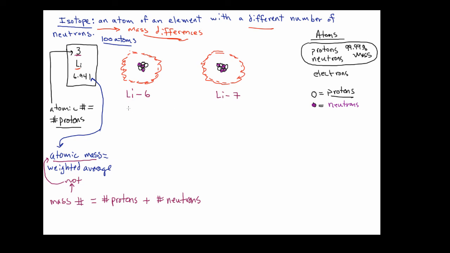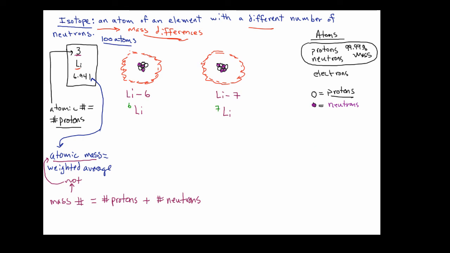All right? And we also can represent this using what's called AZE notation. So again, we write the symbol. In this case, we're going to write the actual mass number in the upper left-hand corner. So we would write 6 for this one and 7 for this one.